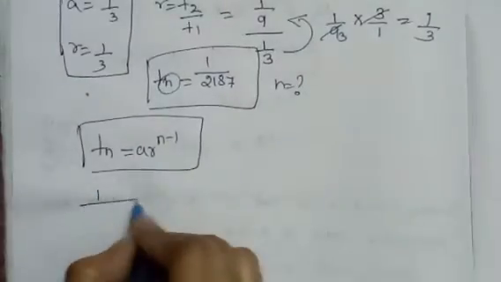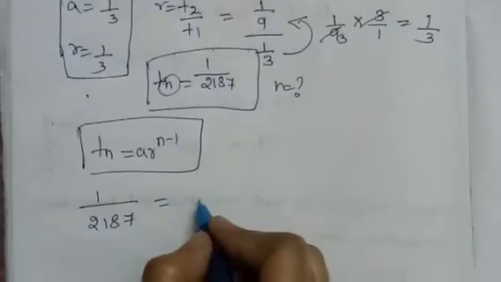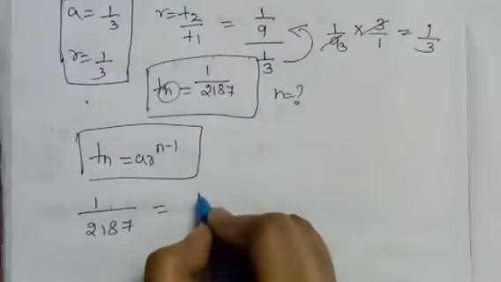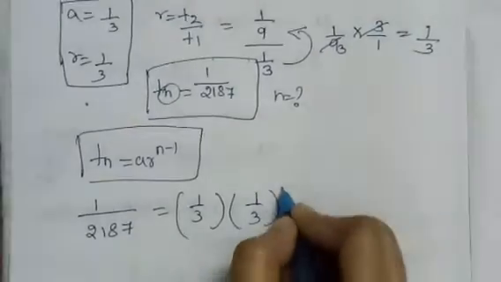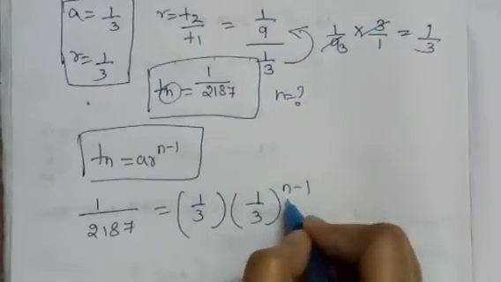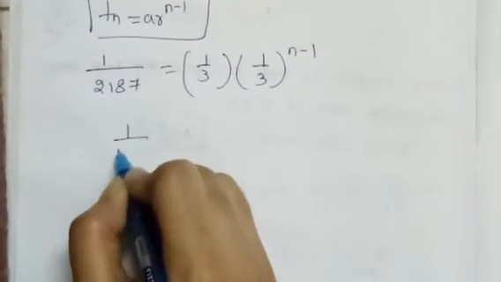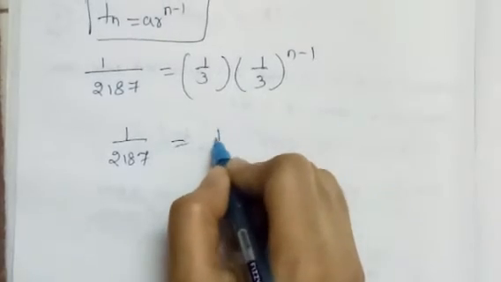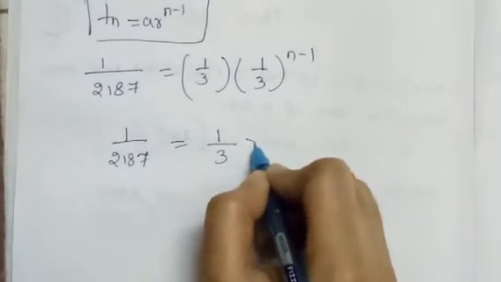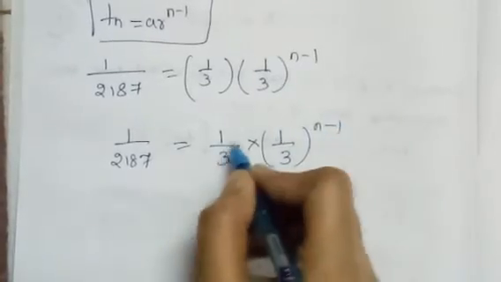Tn is nothing but 1 by 2187 is equal to A, which is 1 by 3, R, which is 1 by 3, power n minus 1. We don't know the value of n. That is what we are going to find now. So 1 by 2187 is equal to 1 by 3 into 1 by 3, the whole power n minus 1.